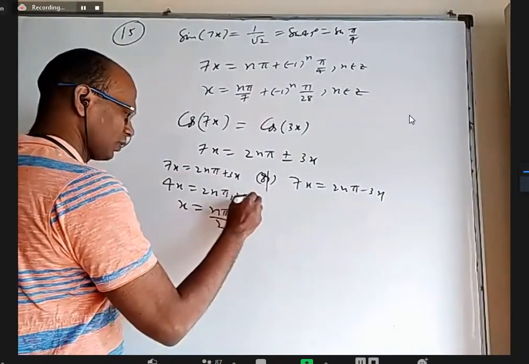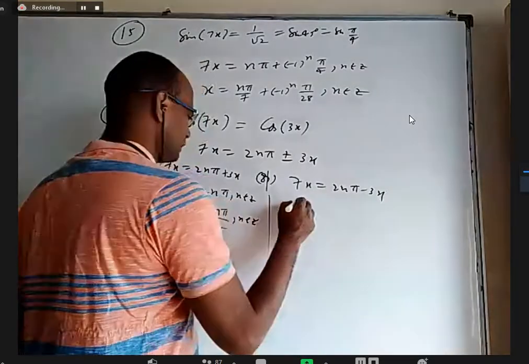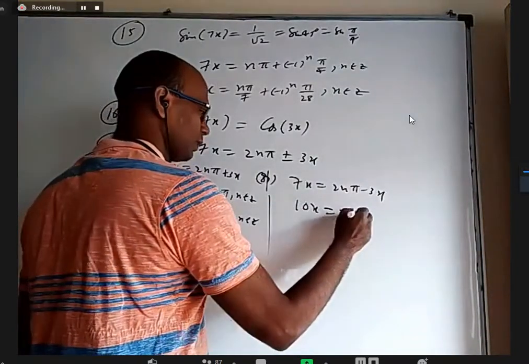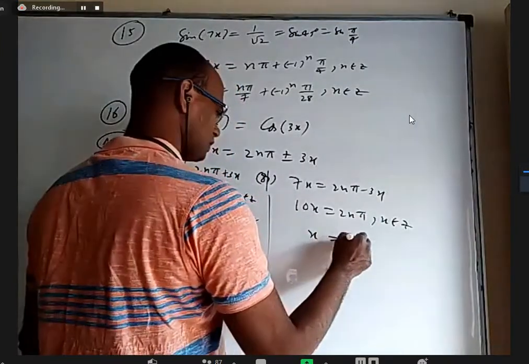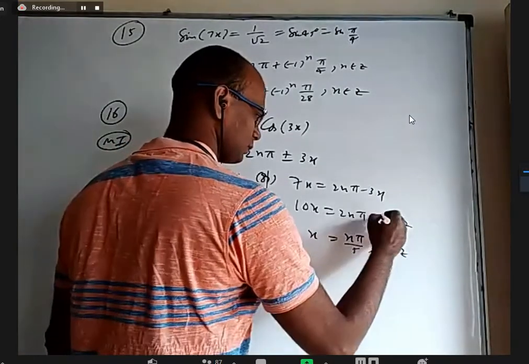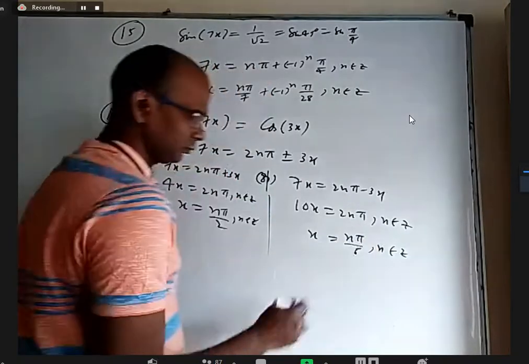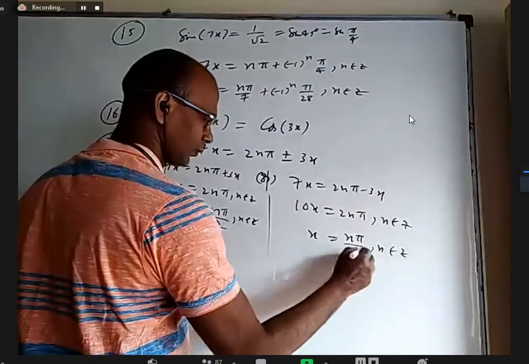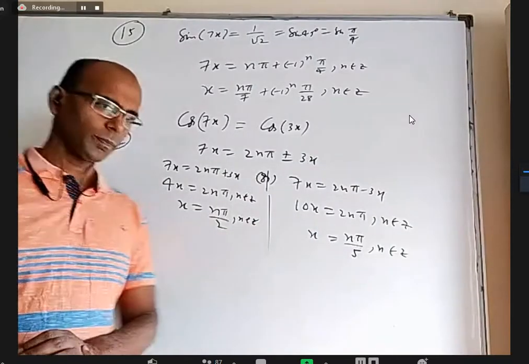Of course, n belongs to z. Here, 10x is equal to 2n pi, so x is equal to n pi by 5, where n belongs to z. So x is equal to n pi by 2 or n pi by 5.